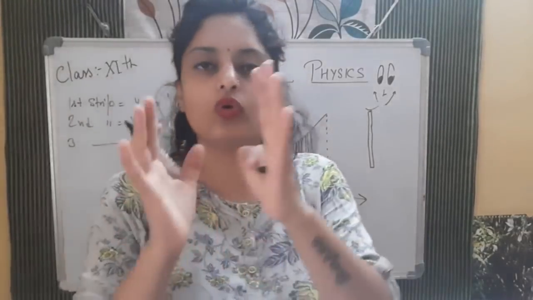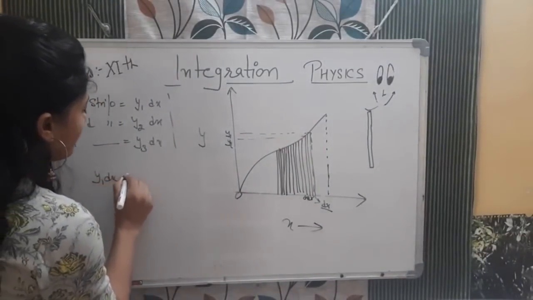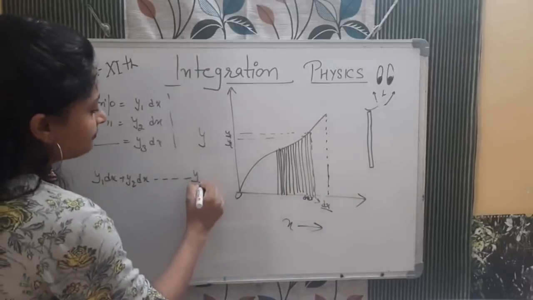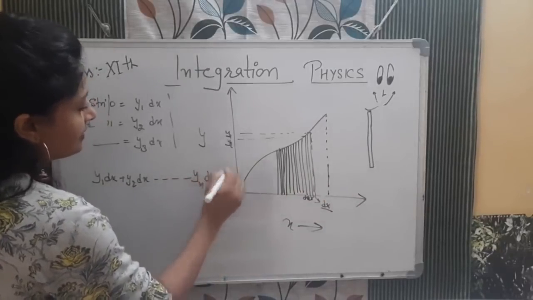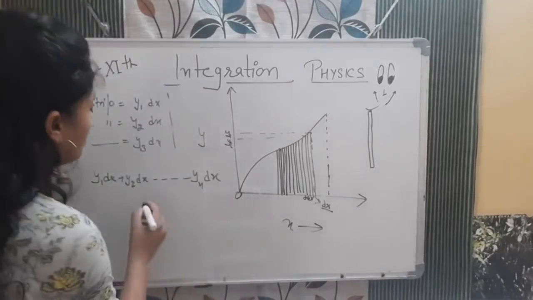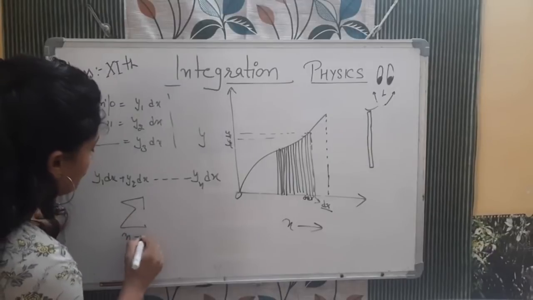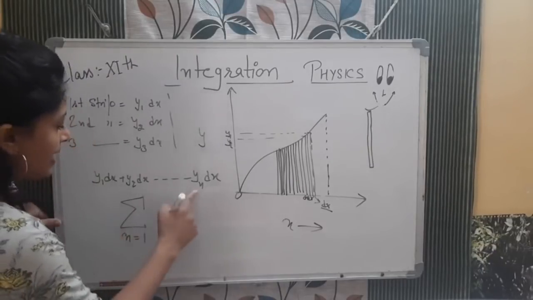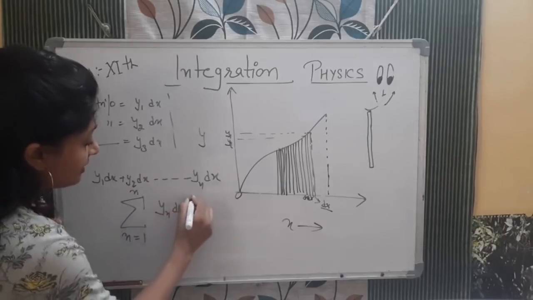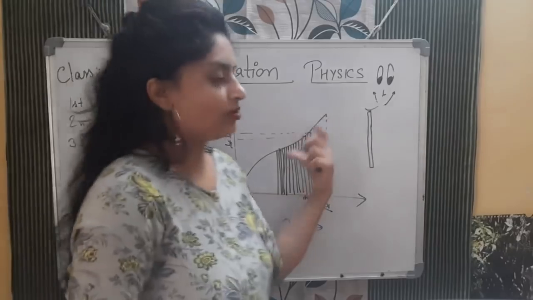I will add all these areas like this: y1 dx plus y2 dx plus y3 dx up to the last one, yn dx. I need to sum up all the areas, and for the summation, this is the operator, this is the sign. Okay, n is equal to where to where? 1 to n. n equals 1 to n, yn dx. This is the net area covered by this particular curve.